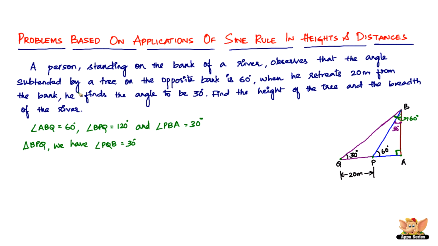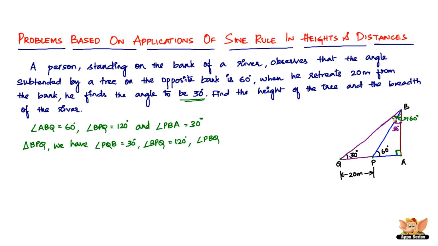It is right here, 30 degrees. And then we have angle BPQ, 120 degrees. We already discussed it, but when we're talking about this triangle, we need to talk about the angles in it. So that's why the repetition. And then we've got the angle PBQ.